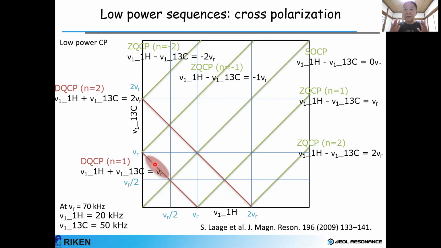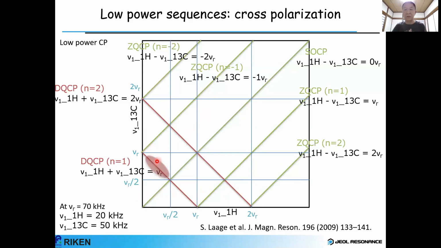But that quite depends on the nuclei. If your X nuclei do not have such a wide chemical shift range, you can use this condition. This is especially true for low gamma nuclei. In the case of low gamma nuclei, we cannot achieve high field irradiation along this axis. Then we can use these conditions instead of here.